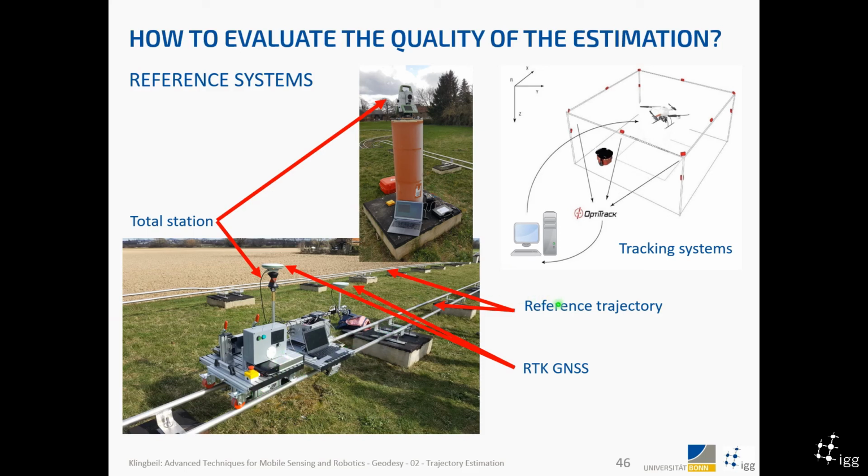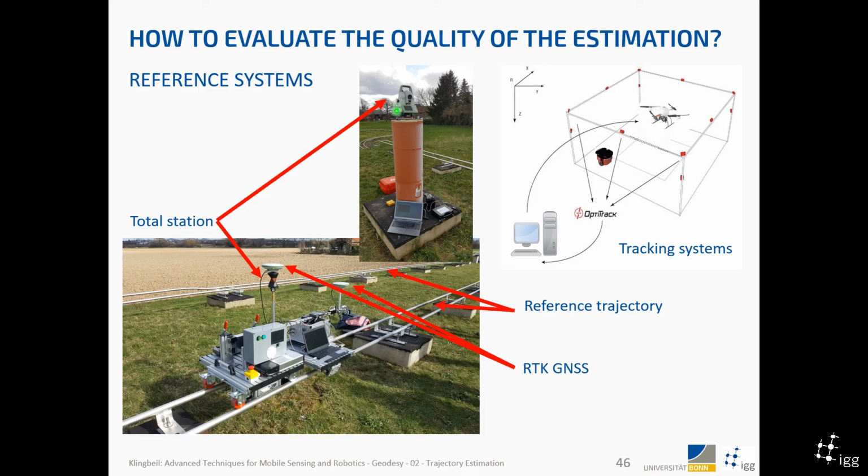It gives us basically a reference trajectory for the system. We could use RTK GNSS as a reference position, but if the RTK GNSS is also what we put in as a measurement observation device, then it can't at the same time be our reference position.